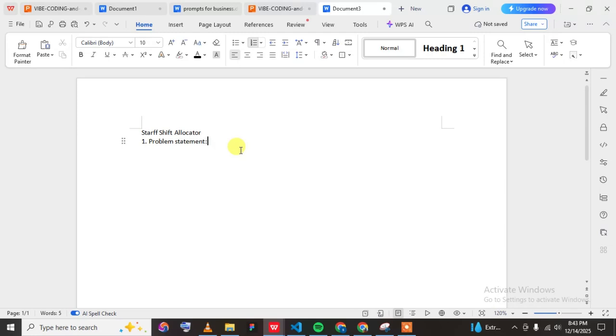So the person is collecting bribe before he could do it. He's technically collecting bribe so that he will put you on morning shift, or he will collect bribe and put you on night shift. That is one. Number two is that the person is very, very slow.